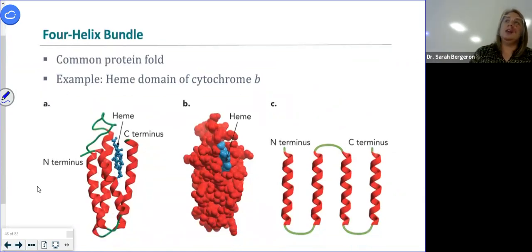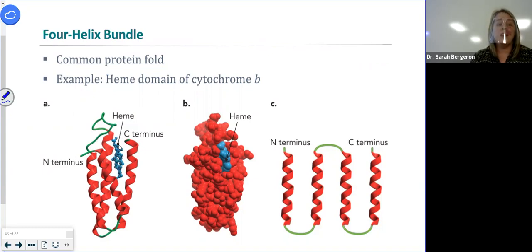So once you get into these tertiary structures, there are some common protein folds that you're going to see. And the common protein folds will do particular functions. So if you see this fold in a protein, you can basically predict its function, right? So if we look at cytochrome B, its job is to bind to heme.